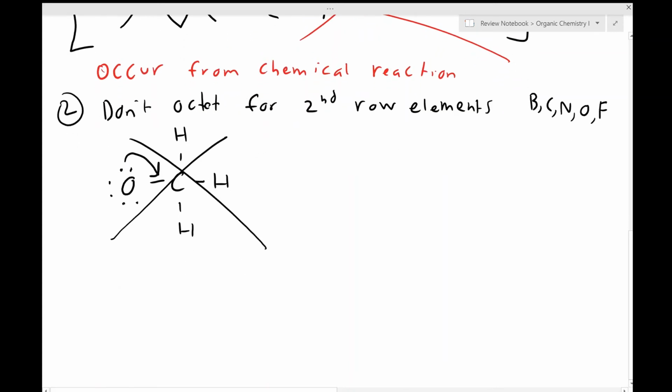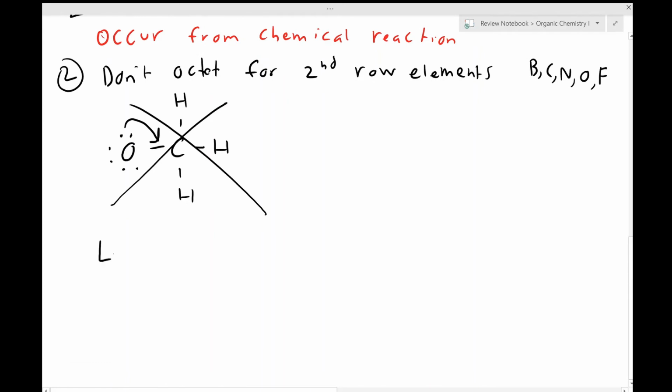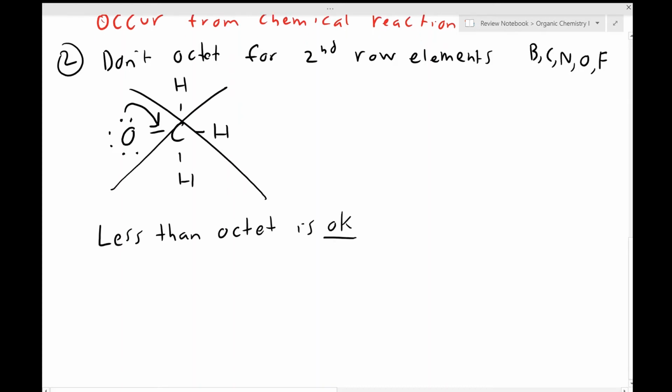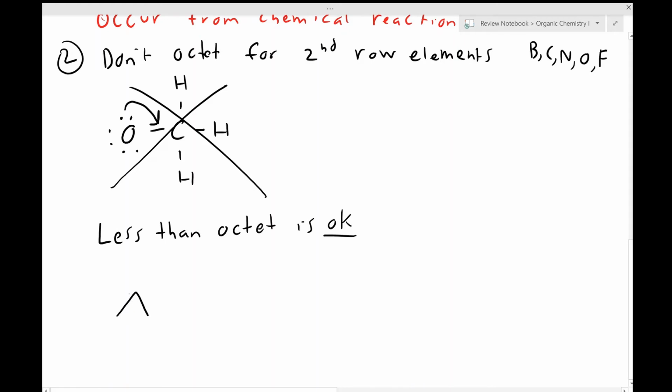Let's show that. Got our oxygen here, and a carbon in the center. We want to move this double bond onto the oxygen. Draw head to tail. Now we have a carbocation in the middle.